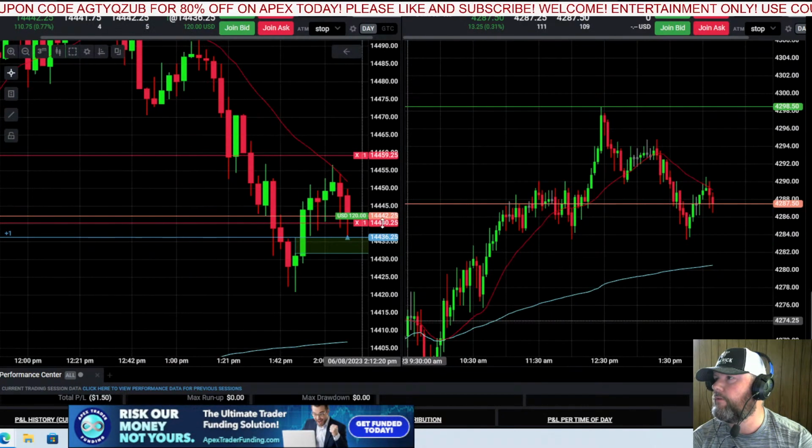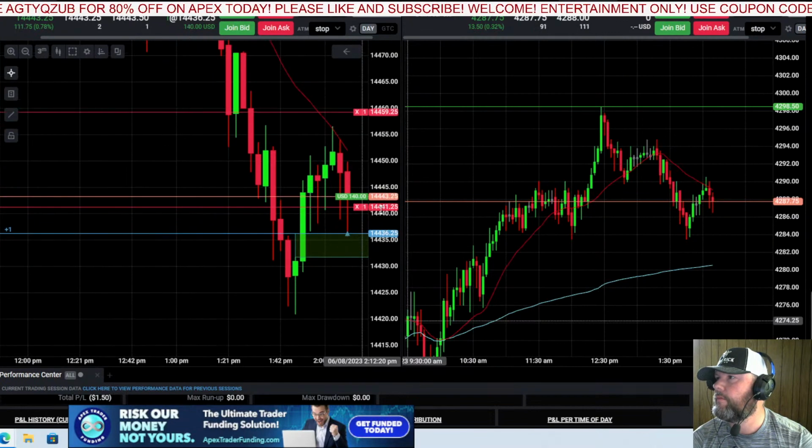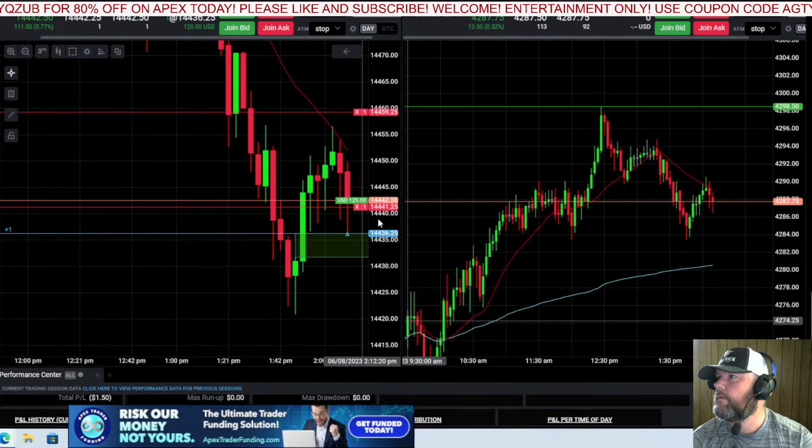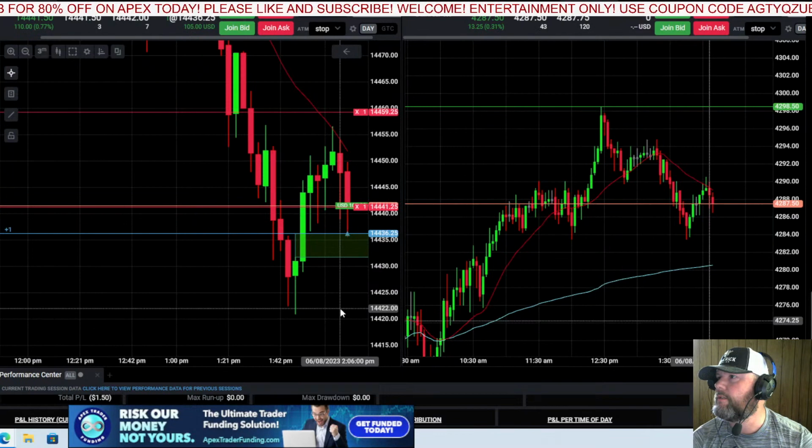Locking in 4 handles there. Let's lock in 5. If we get stopped out, I'm okay with it, but I'd like for it to go. Might get stopped here.